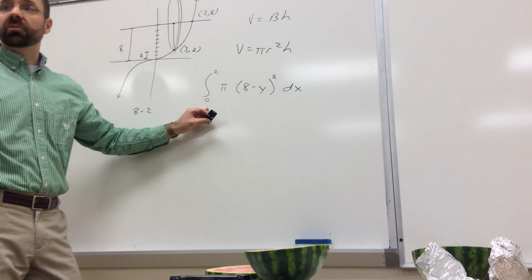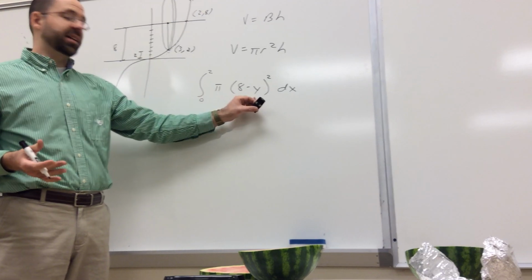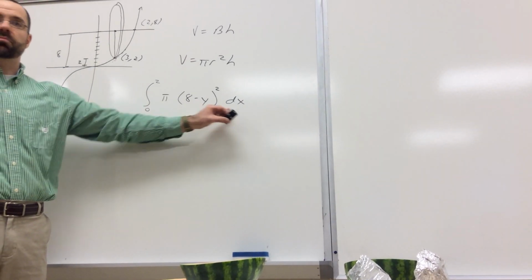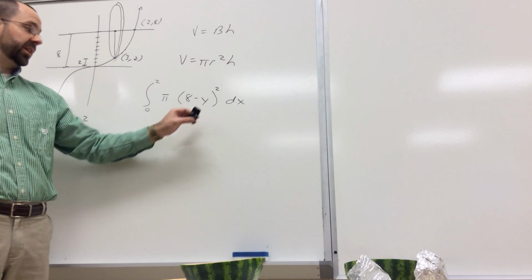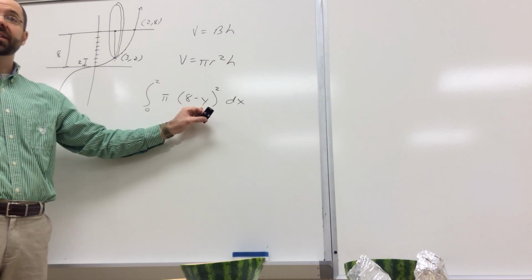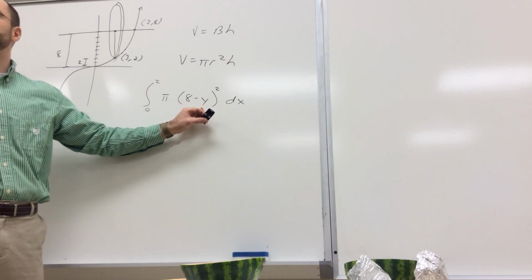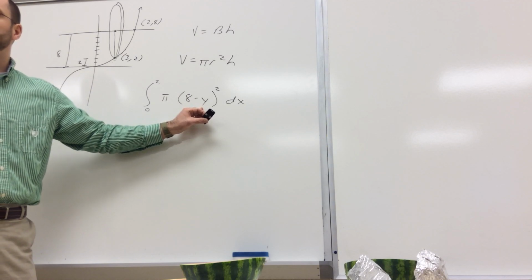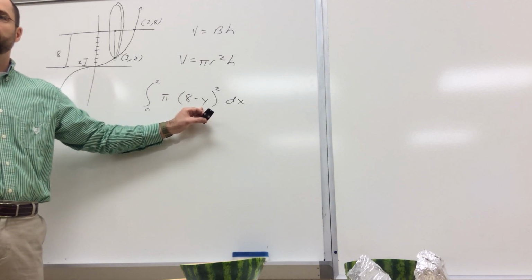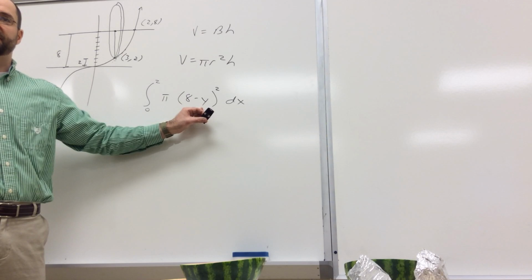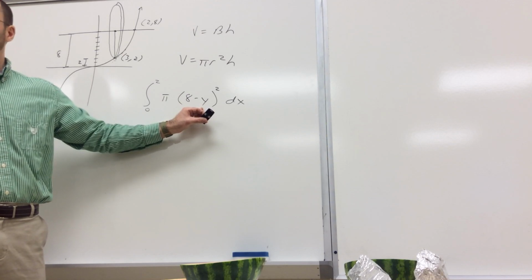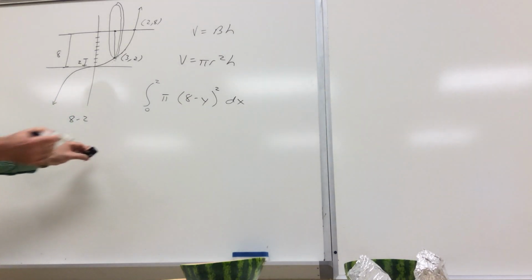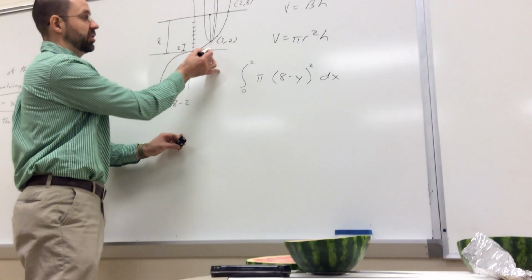There's one more issue, right? This y is not good to leave because I've got mixed variables in my problem. So I need to change this into something. It needs to be the y value, but it needs to be a formula for y that has an x in it. Well, we have a formula for y that has an x in it. It's x cubed. So to get this height, you cube the x.